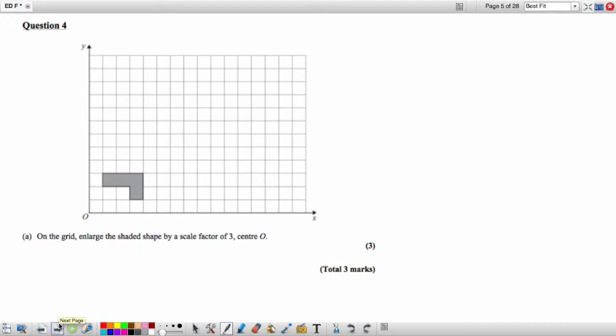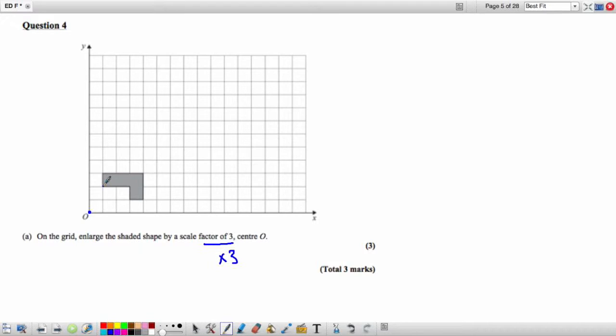Question 4. On the grid, enlarge the shaded shape by a scale factor of 3 with centre 0. This means that we need to multiply all of our lengths by 3. We need to be careful here that this is our starting point. So to find out where we're going to draw our shape, first we go from our point 0 to one of the corners of our shape.